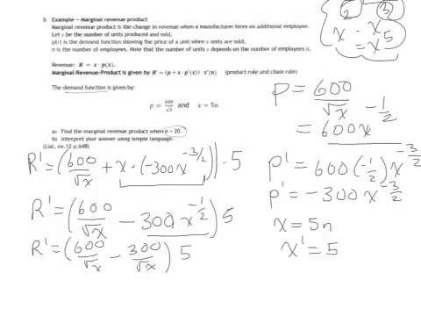We have 600 over root x minus 300 over root x. So that's going to give us 300 over root x. And multiplied by 5, that's going to be 1500 over root x. Okay?